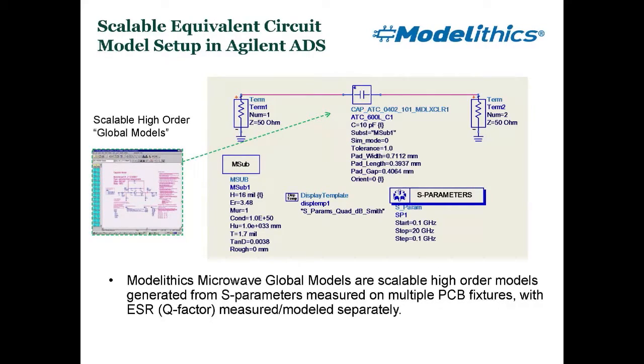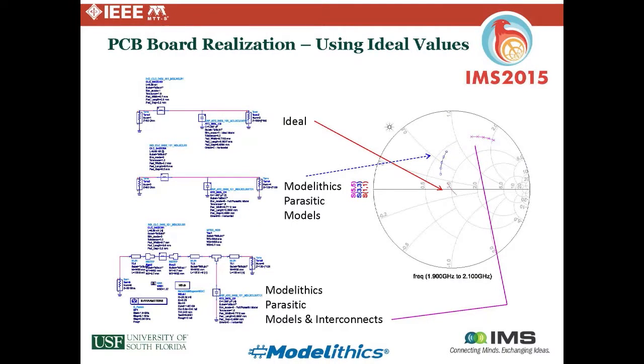All right. So let me go back to that example we had. We had realized a match of 100 plus j100. I'm going to go into ADS here. This is what it looks like in ADS. Let me zoom in on this part of the circuit.